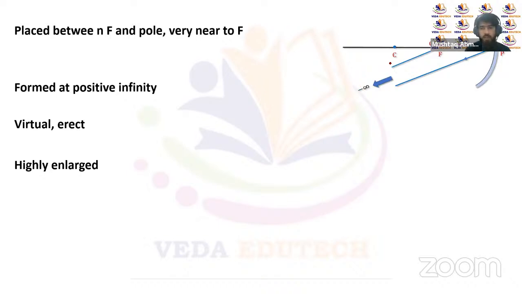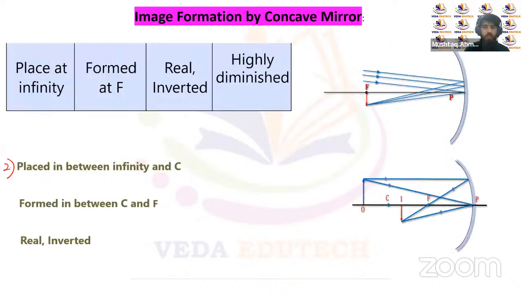The reflected rays will be diverging, and they will not meet at any point in minus infinity. But if we extend these reflected rays in the backward direction, they will definitely meet at some point, and the image formed will be virtual, upright or erect, and highly enlarged. So this is the image formation in case of concave mirror.